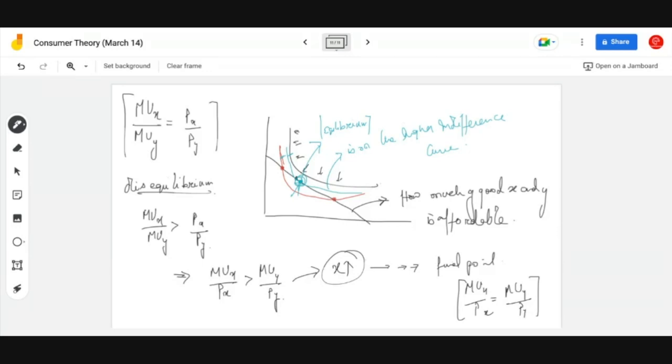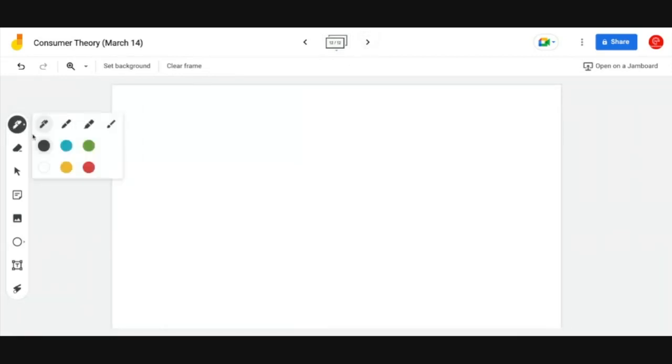Now, can you tell me what happens when there is a change in income? What happens to the utility? Utility changes. So you'll reach a higher utility point. Now, there are two important things to be discussed.